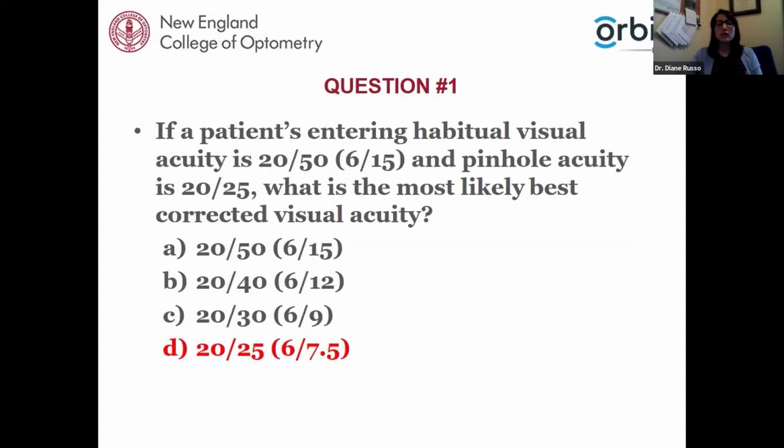So usually we're looking at whatever the pinhole acuity is as the potential best corrected visual acuity, but sometimes it could be a little less than that. So 20/25 is the most likely here, but 20/30 may also be possible. 20/40 or 20/50 is less likely. You should expect the patient's vision to improve better than the 20/40 and 20/50.